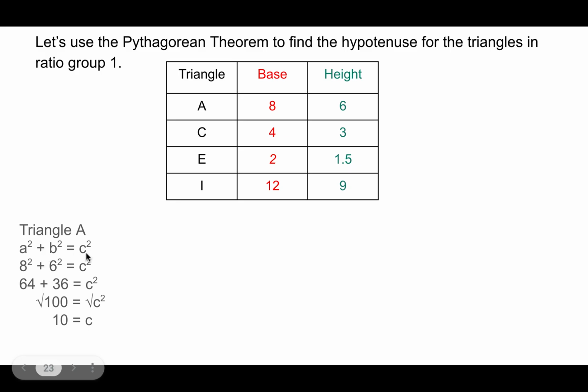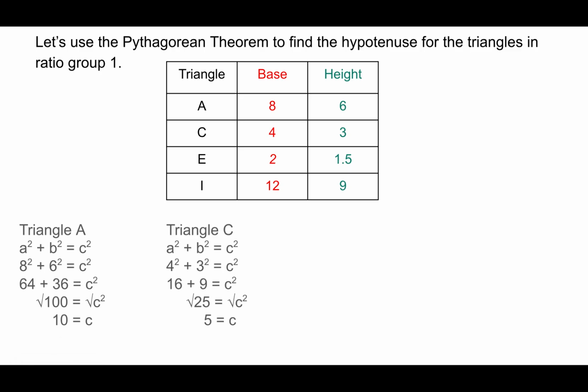So a squared plus b squared equals c squared, where a is the base, 8, and b is the height, 6. So 8 squared is 64, 6 squared is 36. The sum of 64 and 36 is 100, and the square root of 100 is 10. So the hypotenuse for triangle A is 10.